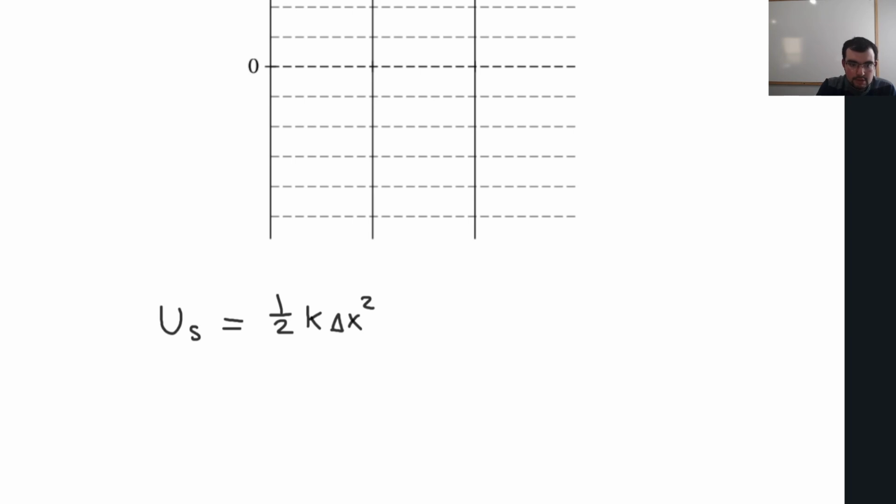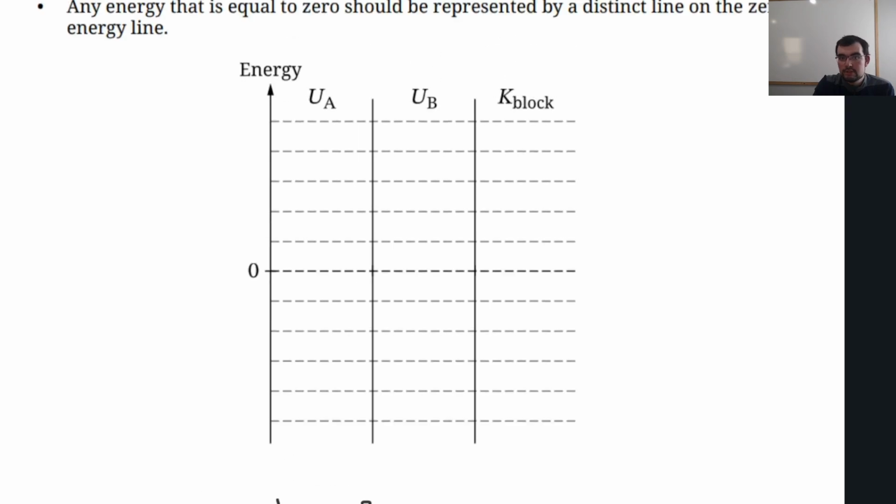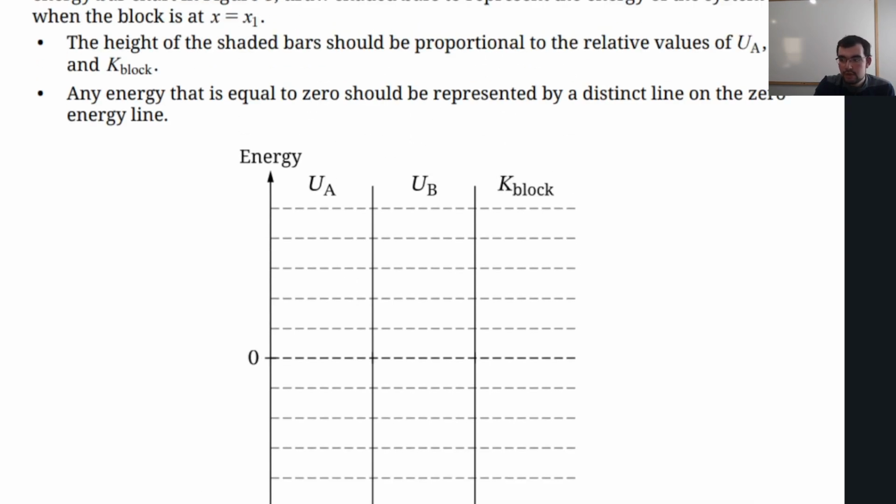If the extension is the same but one spring has twice the spring constant, then the spring with the larger spring constant will store twice the potential energy for the same extension. And for the next point, it says the block is at rest, so you better not give it kinetic energy.